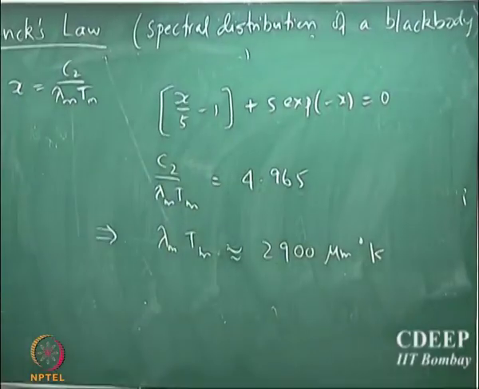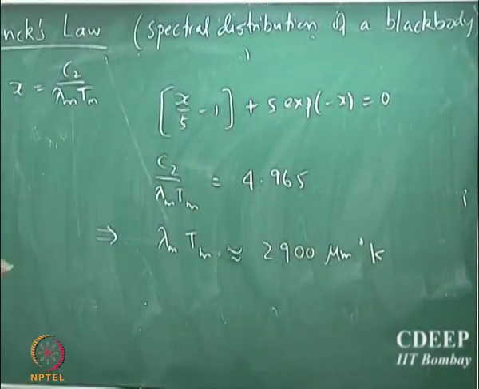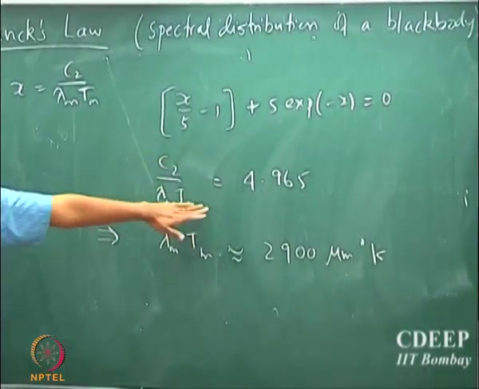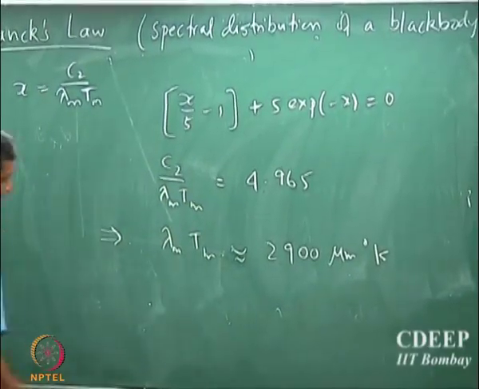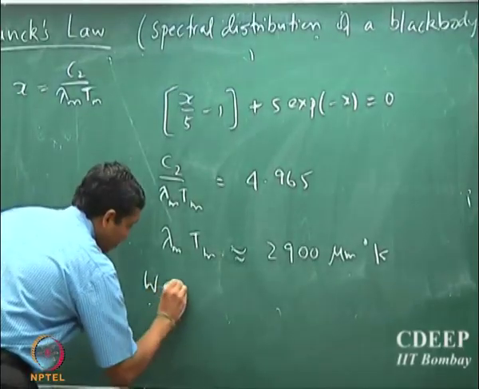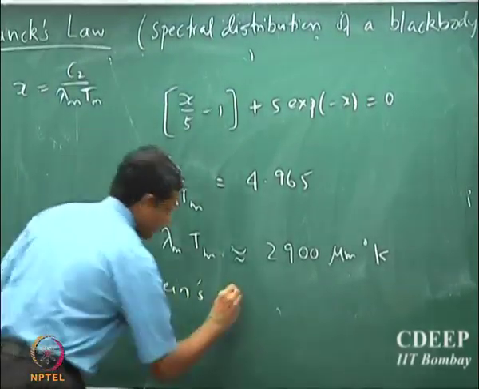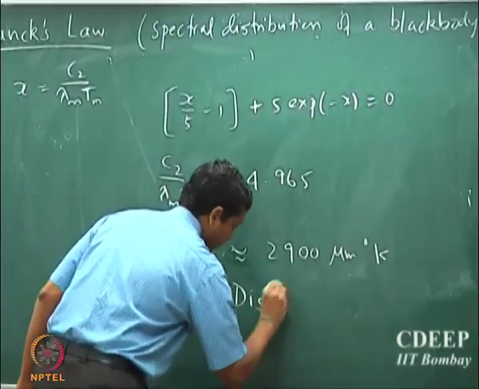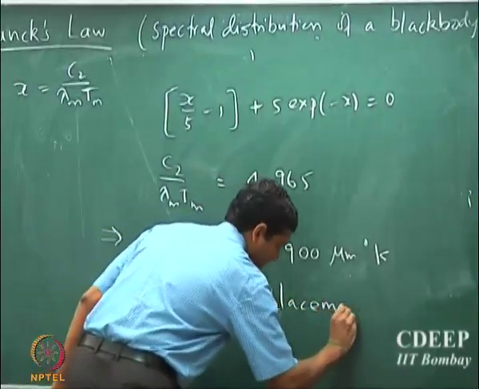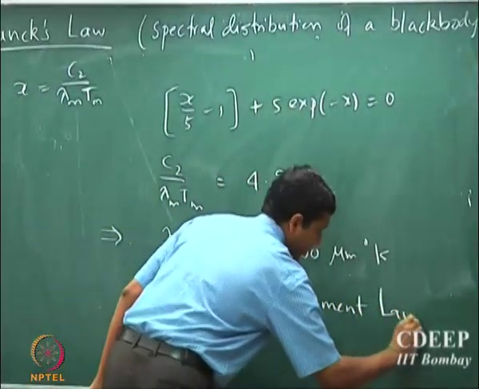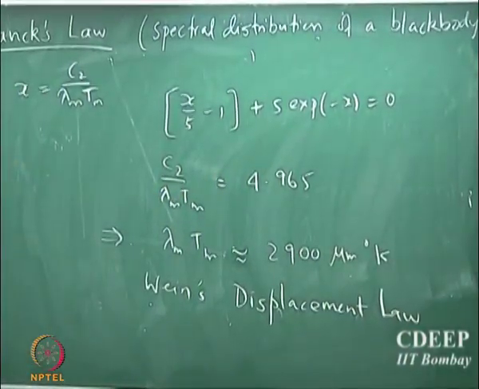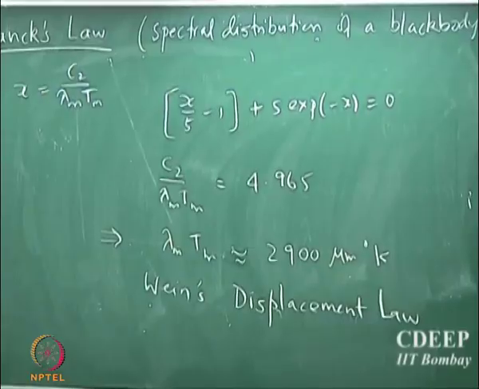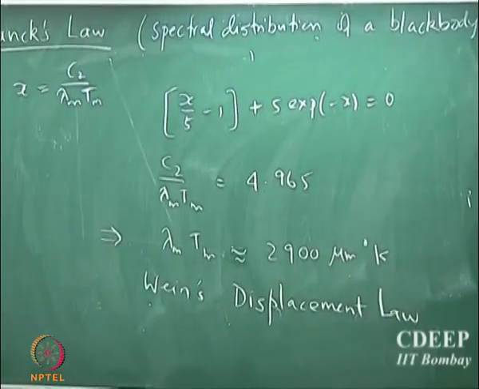So you should actually solve this equation and try to find out the correct answer for that particular expression, and this is what is called Wien's displacement law, which relates the temperature at which the maximum intensity is achieved by a given black body.